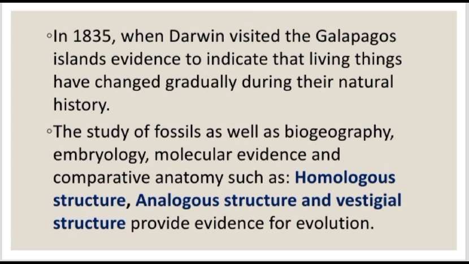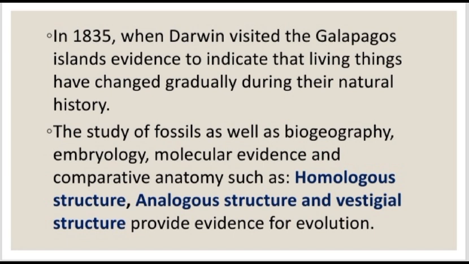So, it said in 1835, Darwin visited the Galapagos Islands. There he found evidence showing that living things changed gradually over time in their natural history. Scientists study different kinds of evidence to support evolution. These include fossils, the distribution of animals and plants in different places.